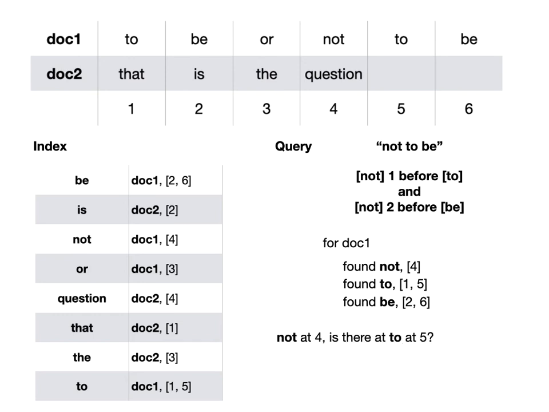So not is at 4. Is there a "to" at 5? Yes, correct. Great. Not is still at 4. Is there a B at position 6? Yes, there is. Document 1 succeeds on this search.